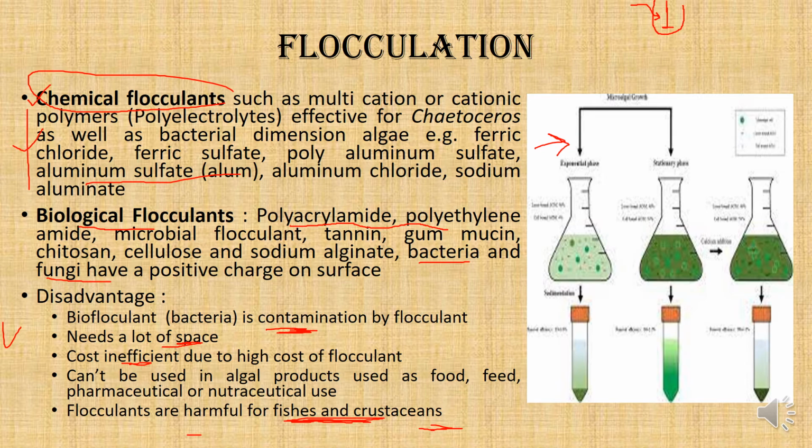It is just to improve the mixing of the flocculant for easy dispersion of the flocculant in the algal slurry. And this slight agitation of the media while adding the flocculant greatly increases the flocculation speed in the algal slurry.